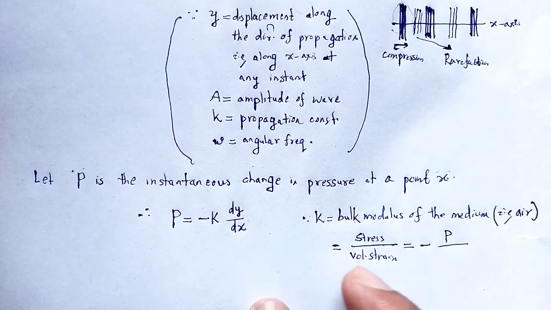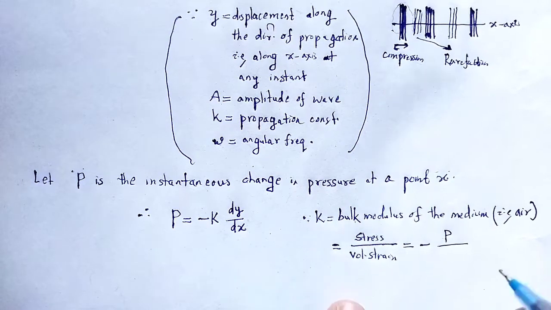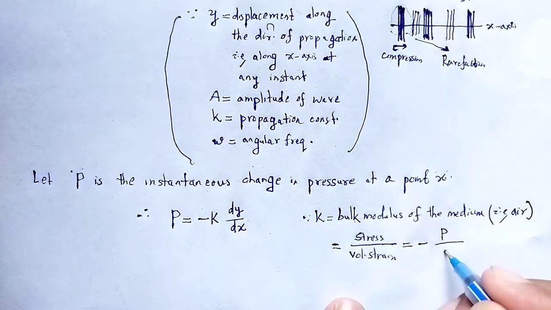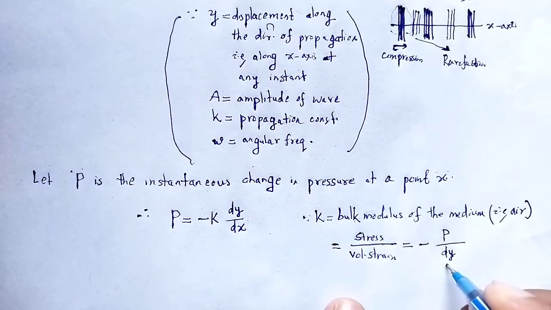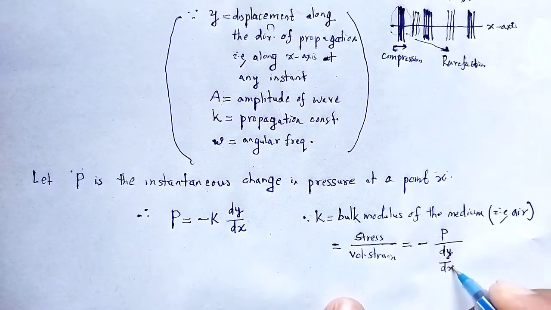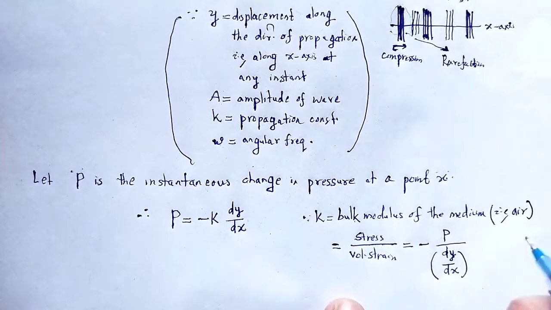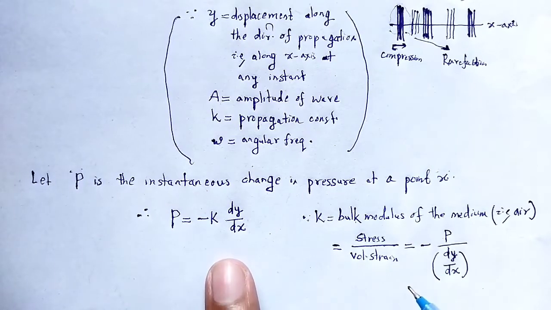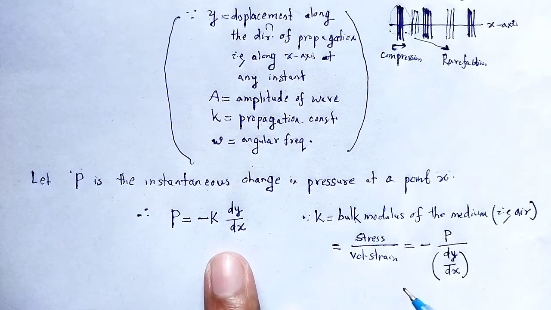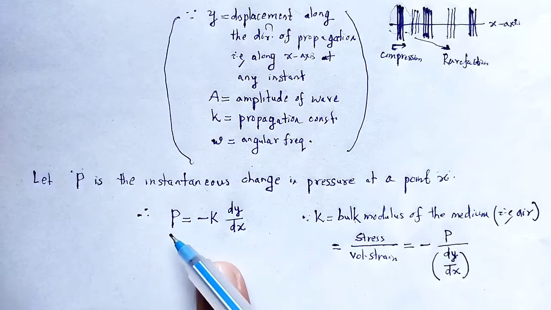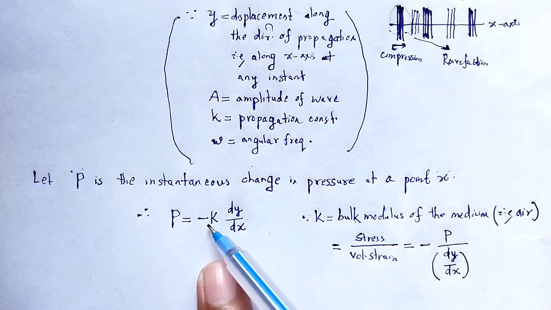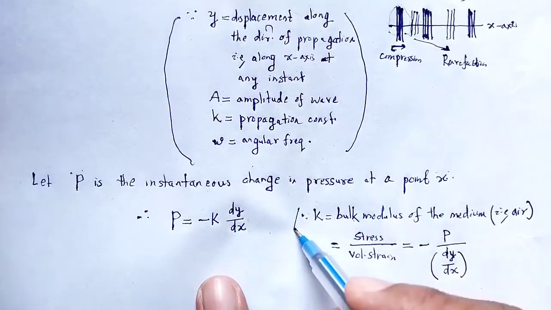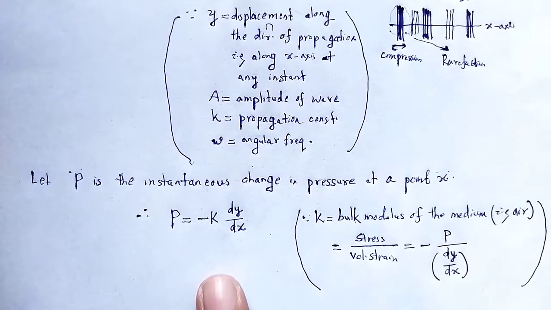By solving, the volume strain is written as dy by dx. So the pressure P is equal to minus K dy by dx.